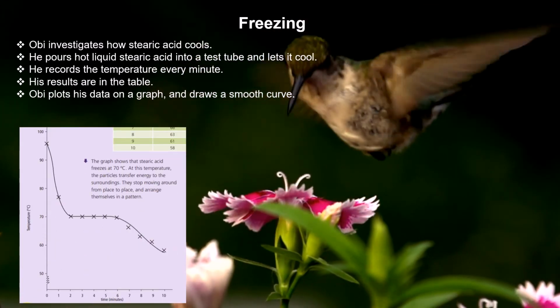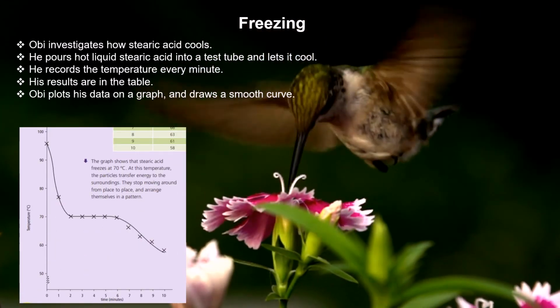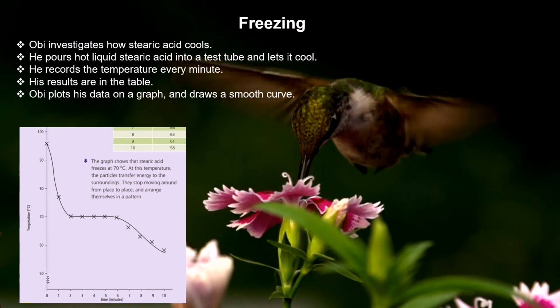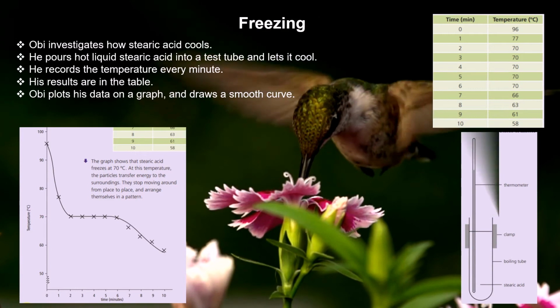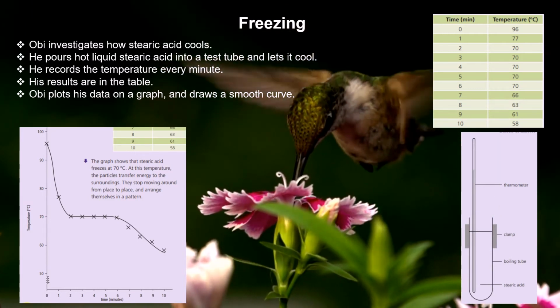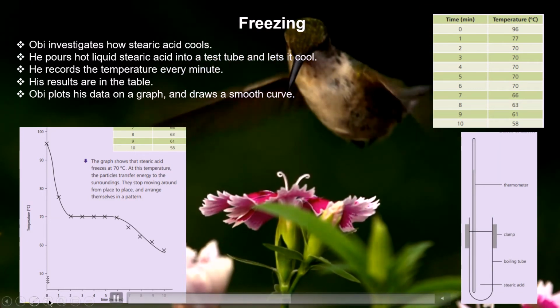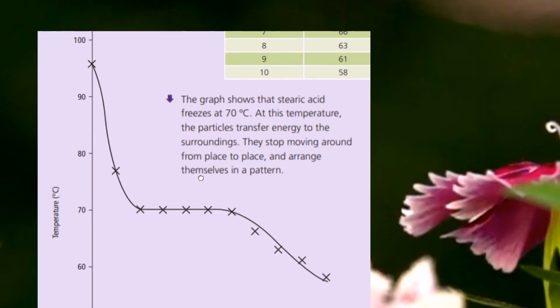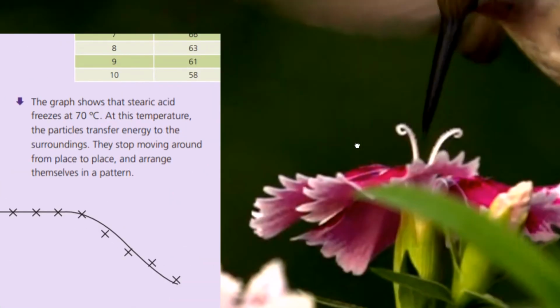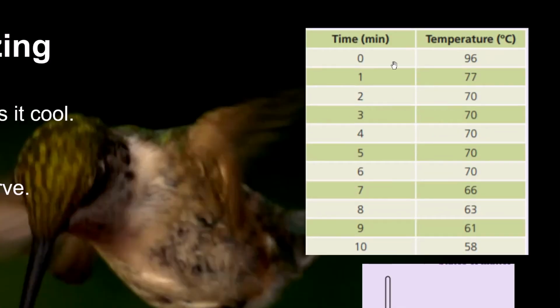Okay, so here I have shown the whole graph line. This is the graph, the table is over here, and this is the thermometer and the test tube he used. His results are quite simple. At 0 minutes, the temperature was 96.